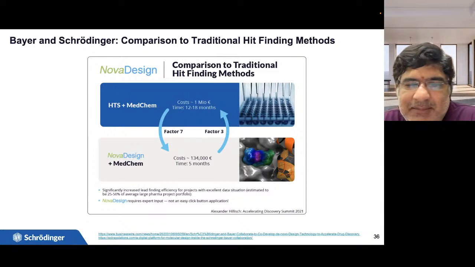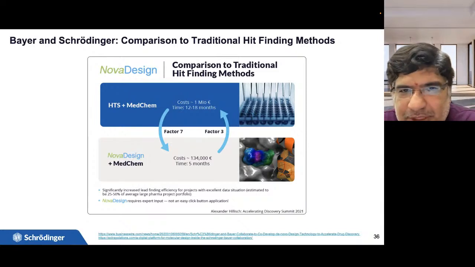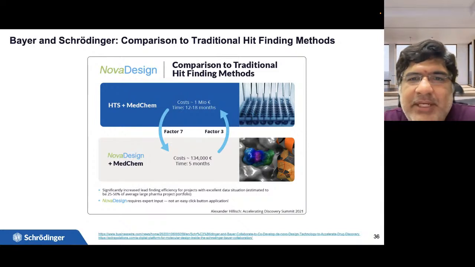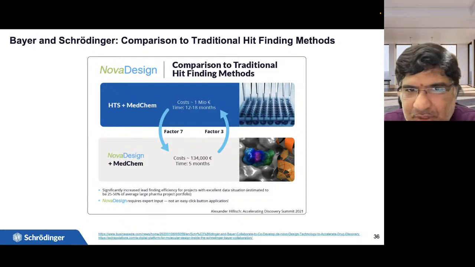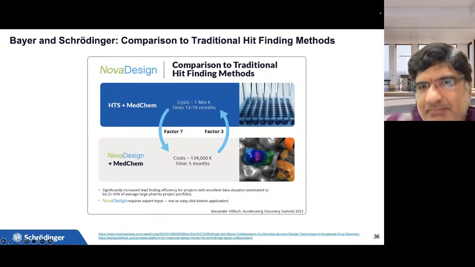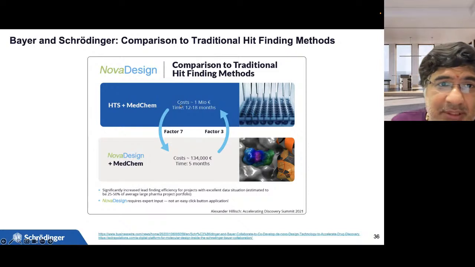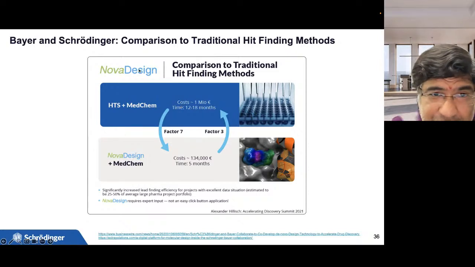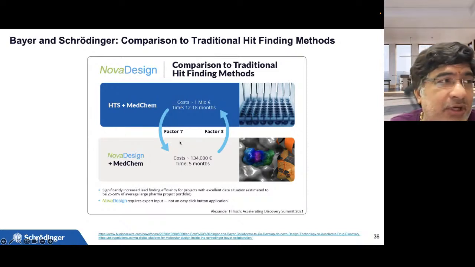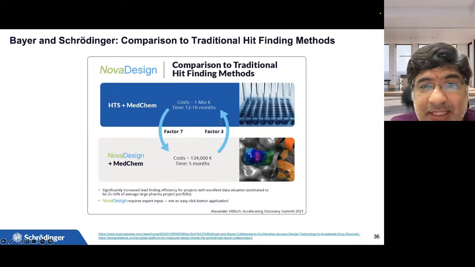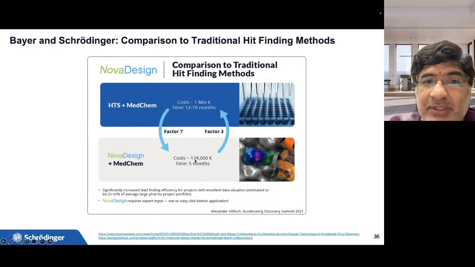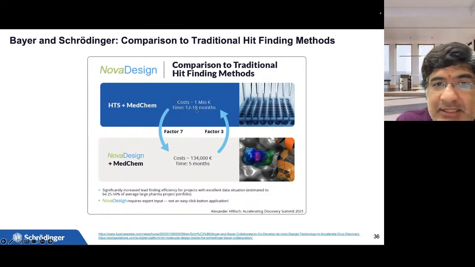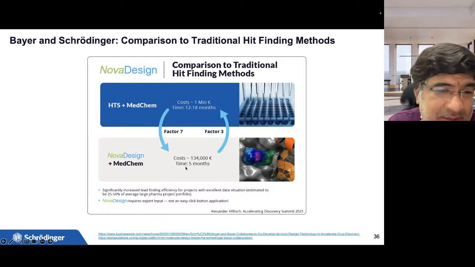All those machine learning methodologies, free energy perturbation, docking, all those things, they have automated technology we have provided them. He said that with this type of technology implementation, they could reduce the drug discovery cost by 7 times in multiple projects, and they could reduce the time by at least 3 times. Earlier, the preclinical stage was taking something like 12 to 18 months. Now they are able to finish in just 4 to 5 months, right?